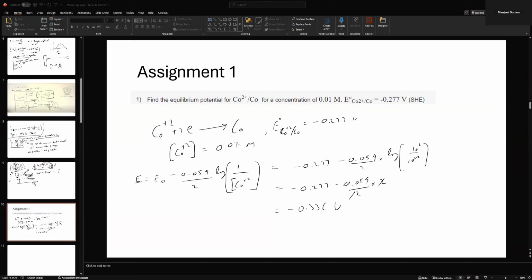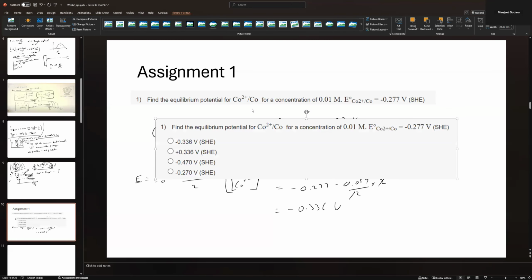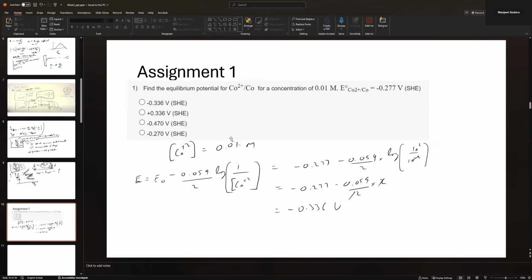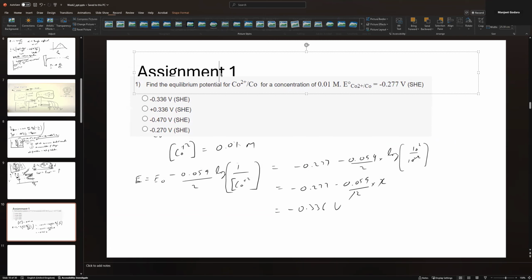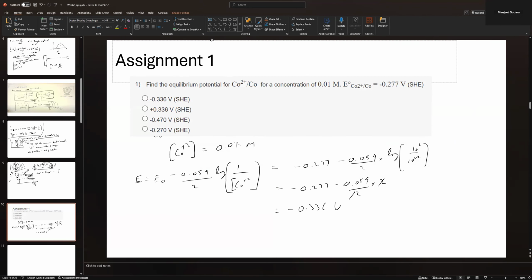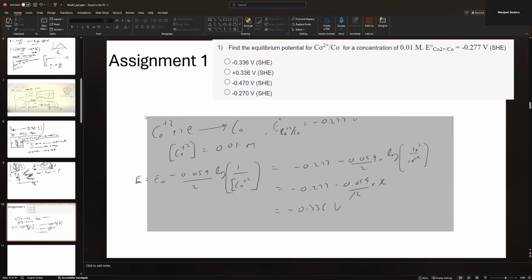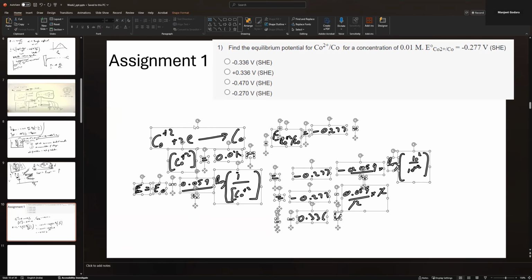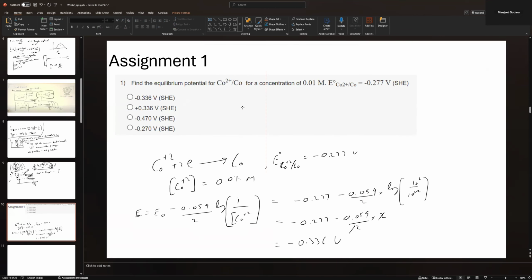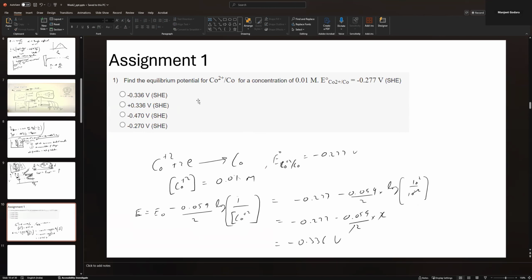So these are the options we have. Versus SHE, the first option would be right.